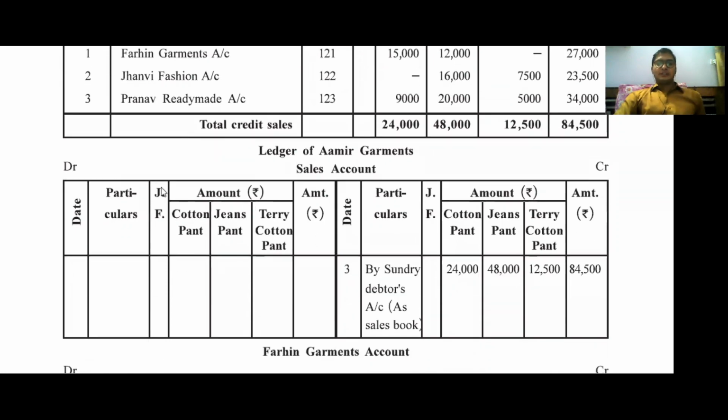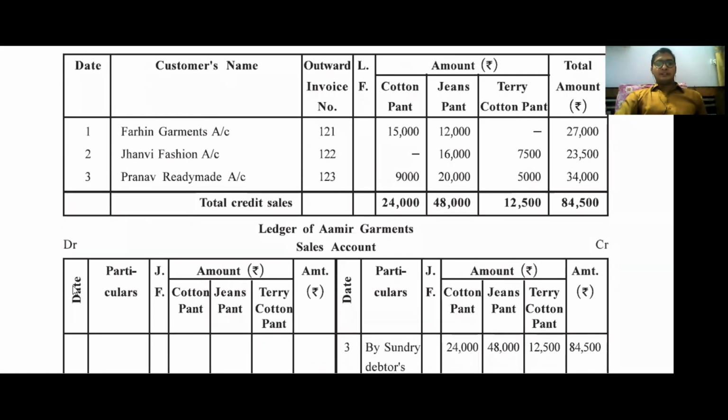In the sales account, the format is again similar: date, particulars, JF, but there is no single amount column. There are three different columns for these three types of goods, and the last one is for amount.